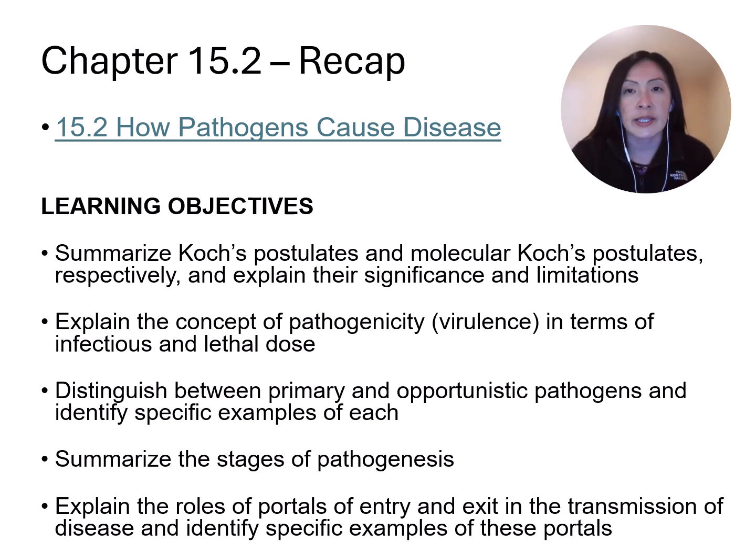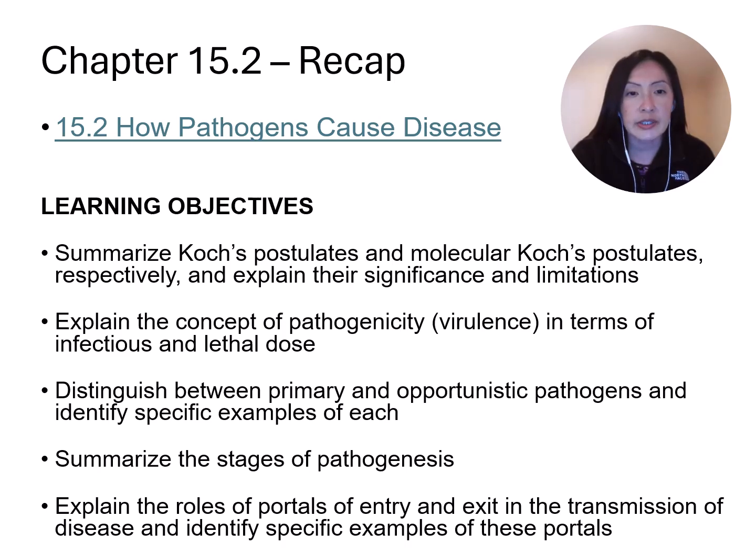In the significance of molecular Koch's postulates, these allowed us to identify genes that contribute to virulence, but genetic manipulation is not always possible for all pathogens. So not all diseases have suitable experimental models.